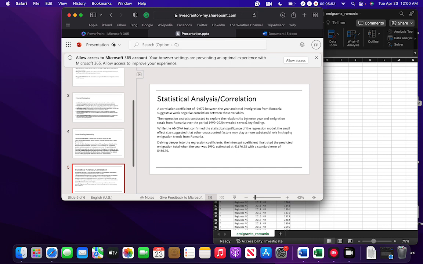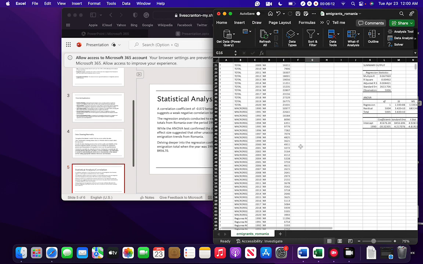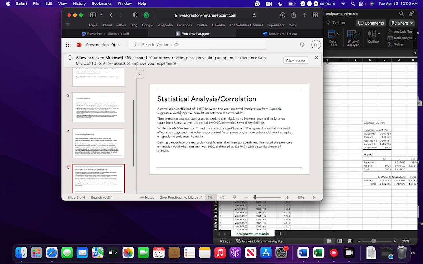However, the strength of the relationship is very weak, implying that the year variable alone is not a strong predictor for immigration trends in Romania. Other factors not accounted for in the correlation analysis may have been more influential, because there aren't too many variables.